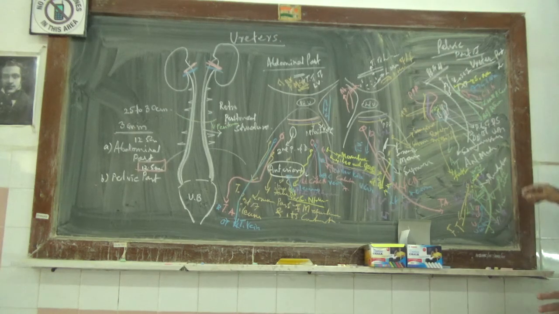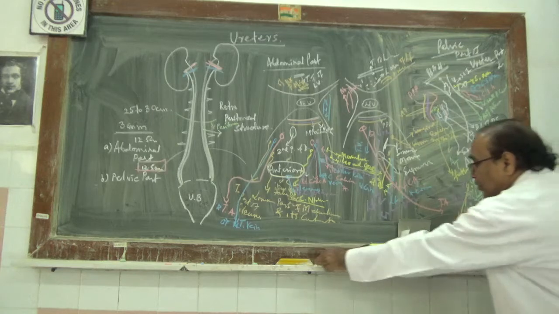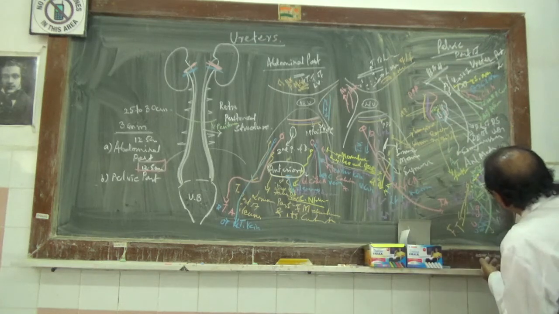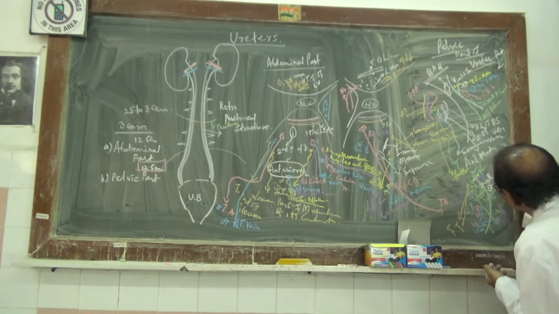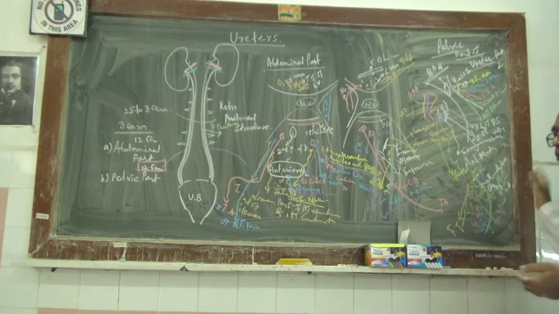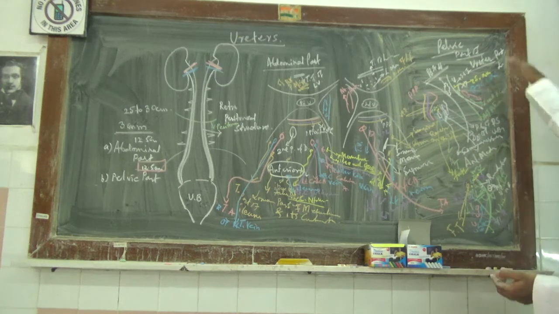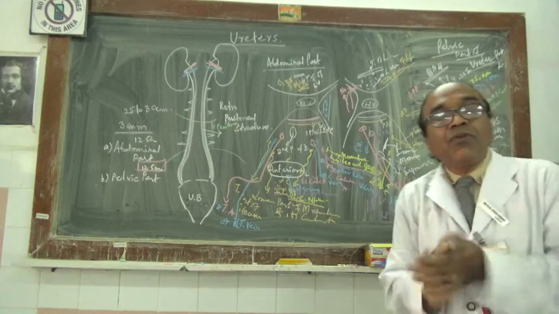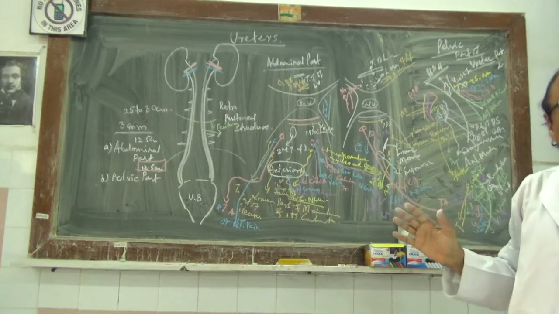Now this is the pelvic part of the ureter in the female. So posterolaterally the same structures are there as in the male, no change.